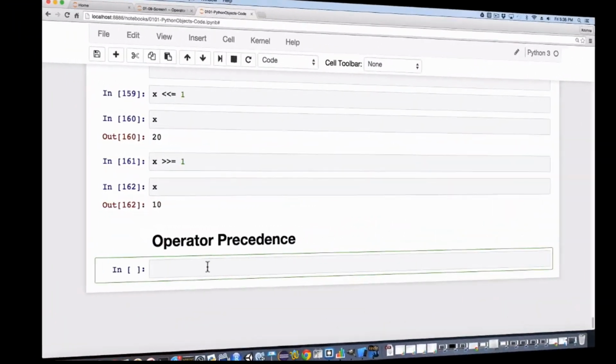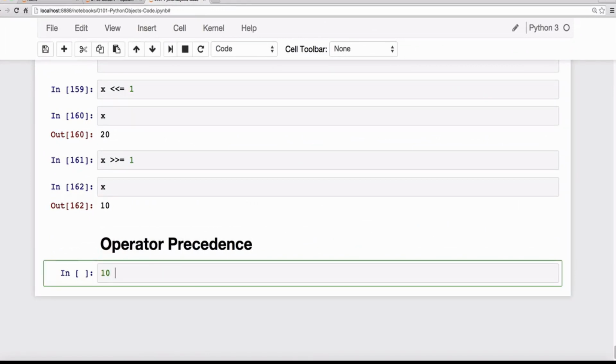Let us say we have the expression 10 minus 4 star 2. Suppose we execute the subtraction first and the multiplication later, then we get 12: 10 minus 4 is 6, and multiplying by 2 gives 12.